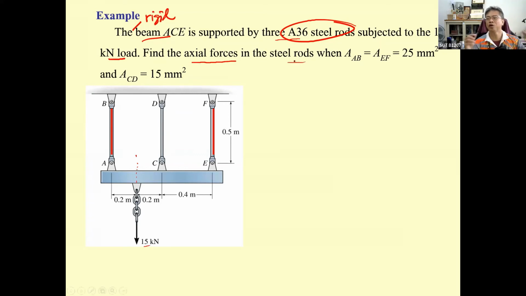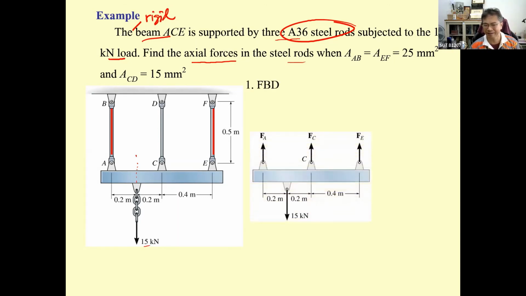So we're going to draw the free body diagram of the beam ACE, and the force in the rod. All the rods are two force member. So the free body diagram is going to be like this. Based upon this, you may set this is X, this is Y, 1, and then draw this one. This is going to be step 2, and then put the force. This is going to be step 3, and put the unknown force.